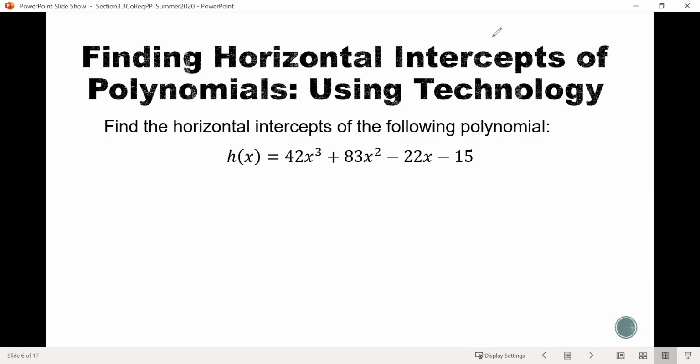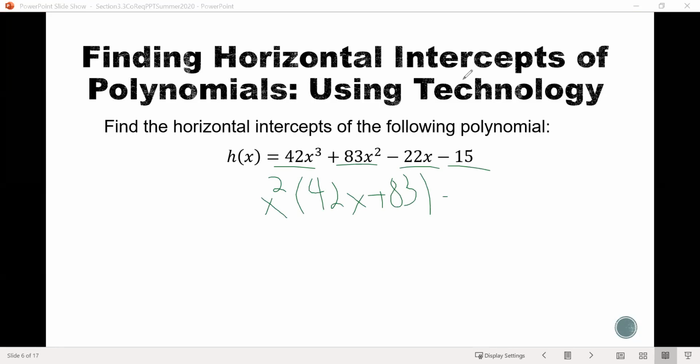Now, first of all, note that we could try to factor this one, but if we look between these two, we'd have an x squared we could factor, and then I don't think 42 and 83 have anything the same, so we'd end up with 42x plus 83, and then between minus 22x and minus 15, the only thing they have in common is a minus sign. That would give us 22x plus 15. And notice this isn't looking very promising for factoring. So this is what tells us we need to use technology here.